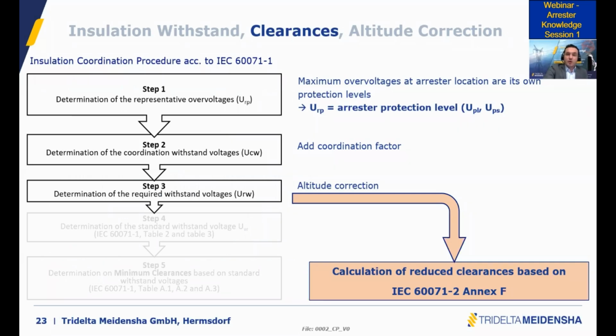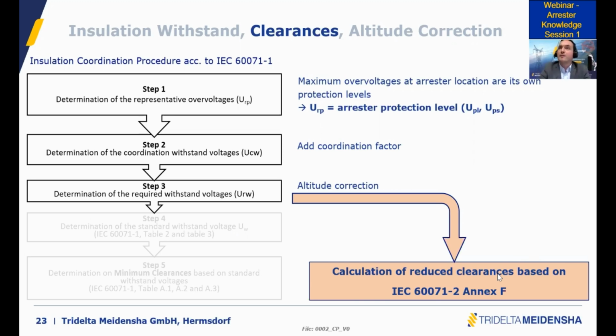So the approach for the arrester configuration, we will go into the details. I don't need to repeat myself here, but basically the reduced clearances are defined in Annex F. And this is often an issue in IEC standards.